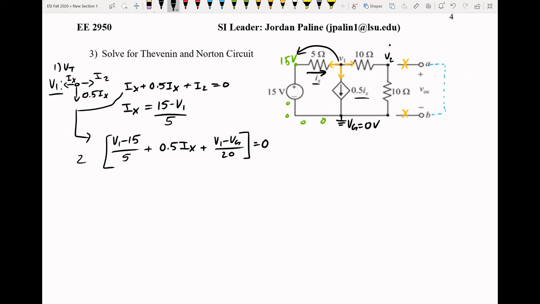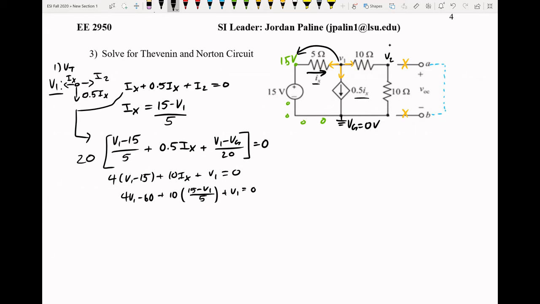If we multiply the entire thing by 20, we'll get 4 V1 minus 15 plus 10 Ix plus V1 is equal to 0. But here we need to plug in the Ix, so 15 minus V1 over 5, plus V1 is equal to 0, for 4 V1 minus 60.